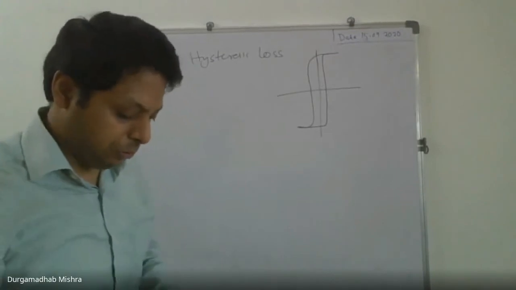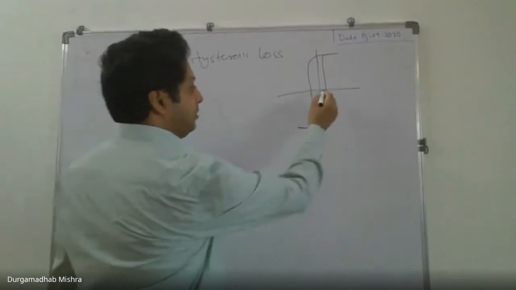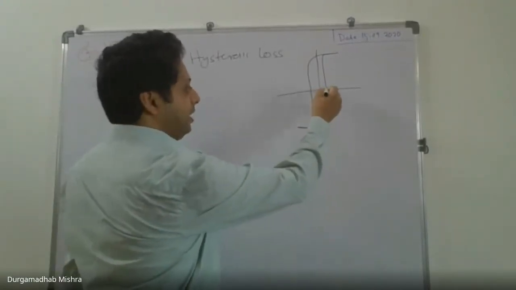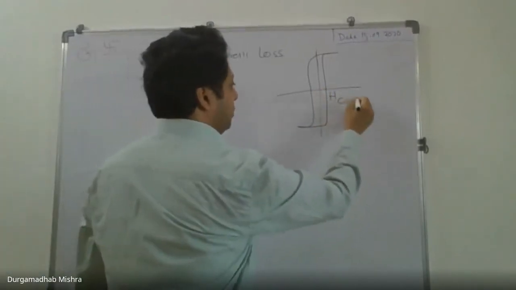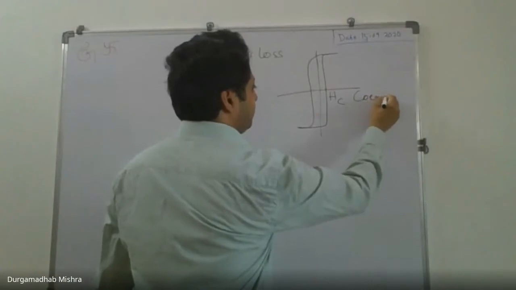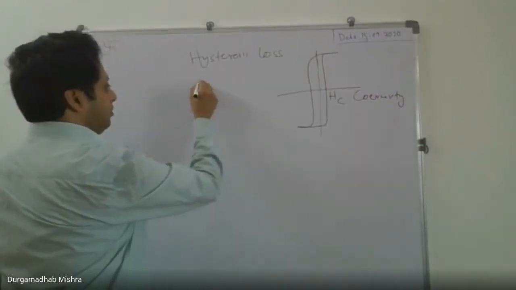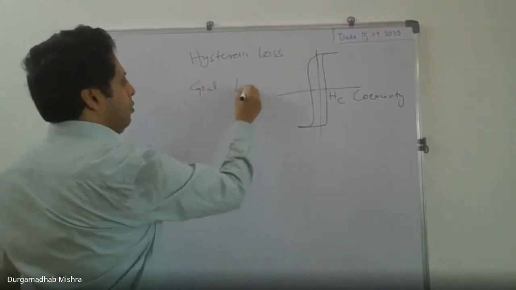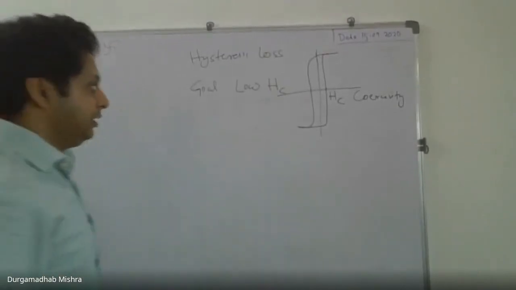We can minimize it by decreasing the coercivity field. This is our HC, coercivity field. So the goal is low HC. That is what we want in the material.